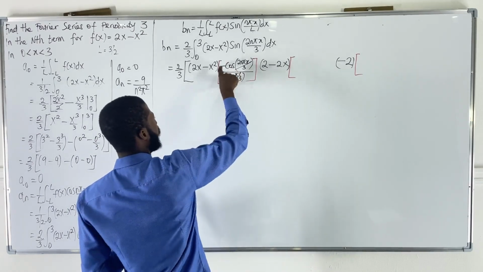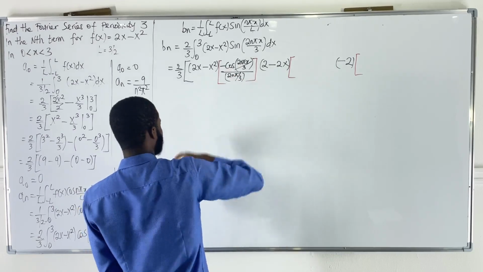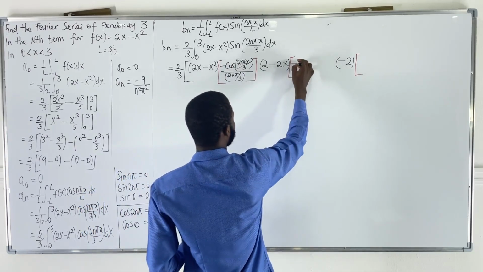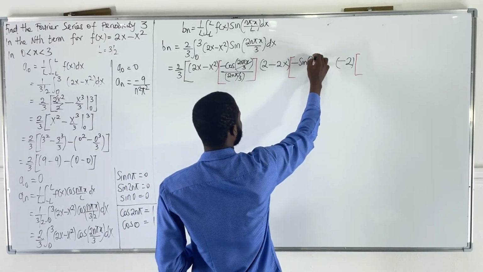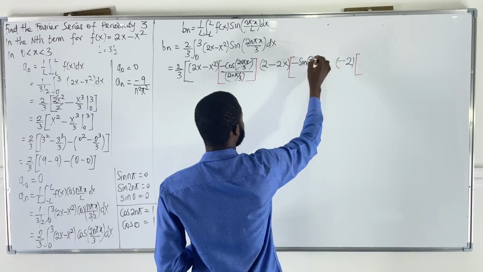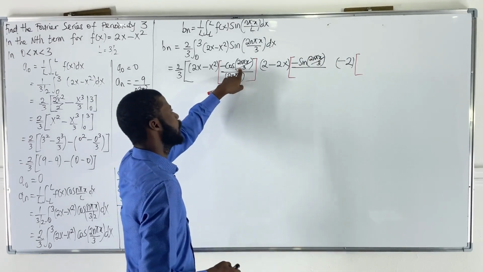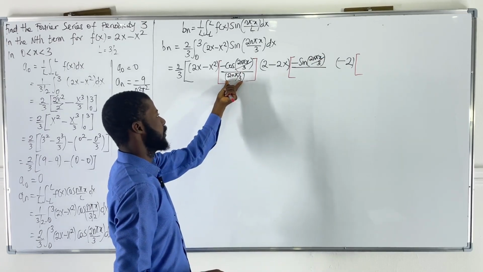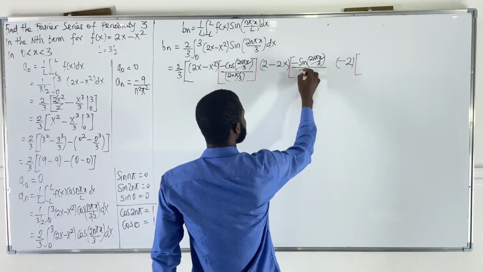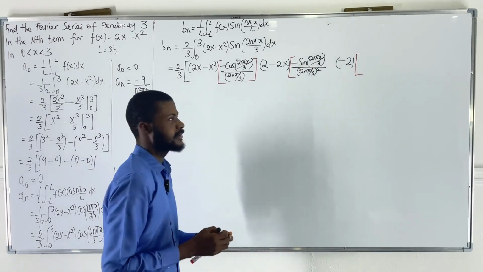Now this whole thing in the red bracket, we are going to integrate again. When you integrate cos, you will get sine: sine of the angle 2n pi x over 3 divided by 2n pi over 3, which meets the 2n pi over 3 from before. So make it 2n pi over 3 all squared, so that you get the picture.